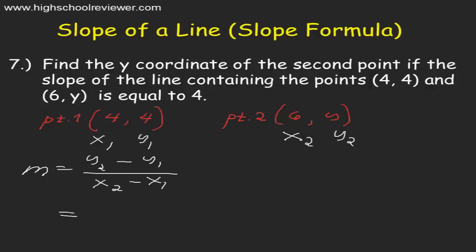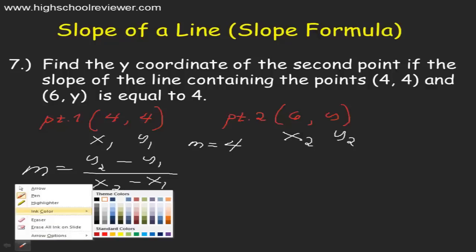Our y sub 2, that is the unknown, so let's represent that as y minus y sub 1, that is 4, all over x sub 2, that is positive 6, minus x sub 1, which is positive 4. And let us not forget that our slope is equal to 4. So m here will be equal to 4.